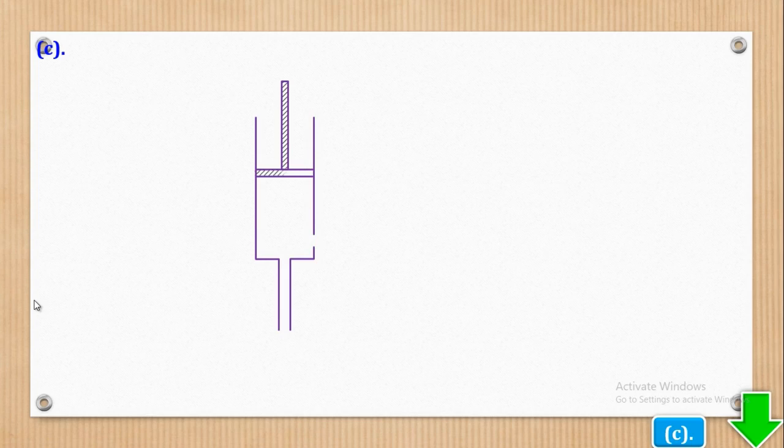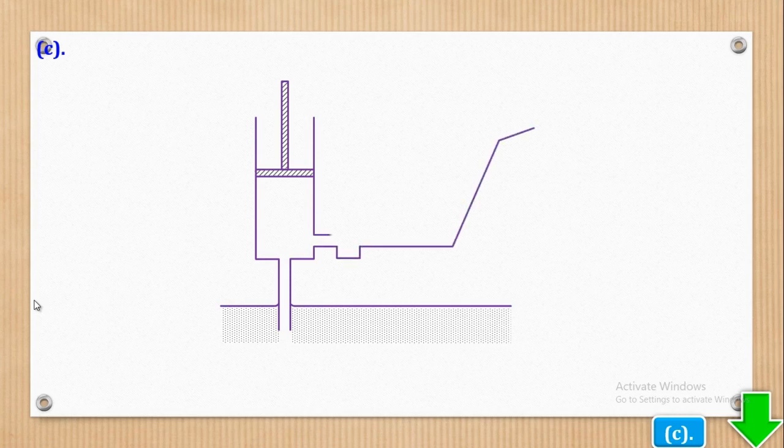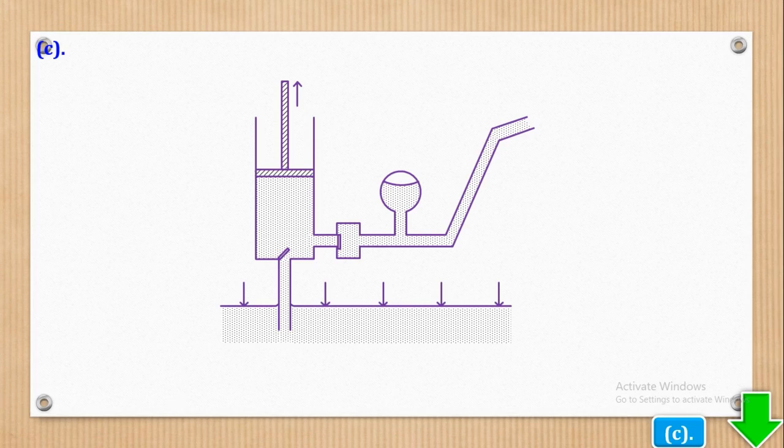So let's first draw the force pump. The next is to do the labeling.